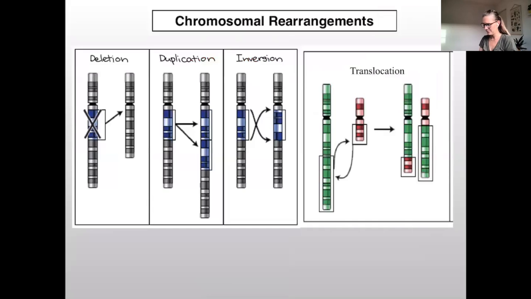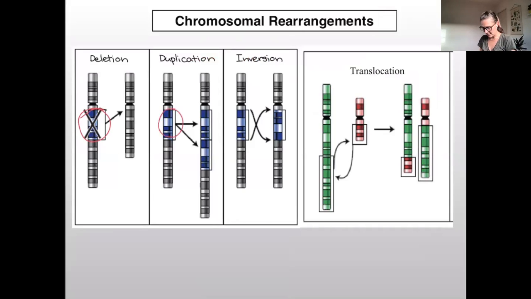All right, the last part of this is called chromosomal rearrangements. So even if you have the proper number of chromosomes, those 23 pairs, you can have some funky things happen with chromosomal rearrangements. For example, you can have pieces of the chromosome that go completely missing.